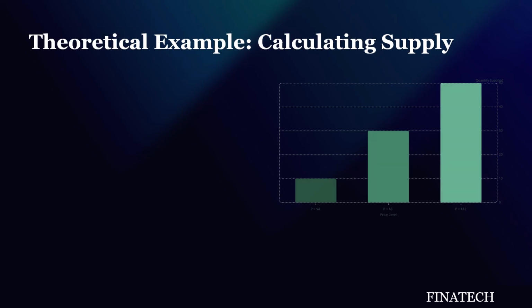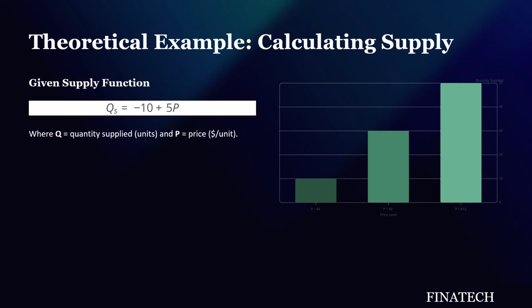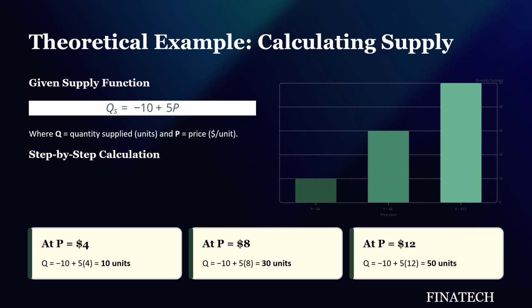Theoretical example: calculating supply. Given the supply function, this is the formula, with quantity supplied in units and price in dollars. Step-by-step calculation. At P equal to $4, the quantity supplied is 10 units.